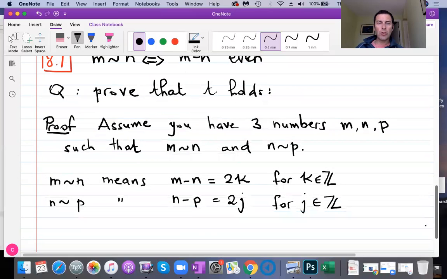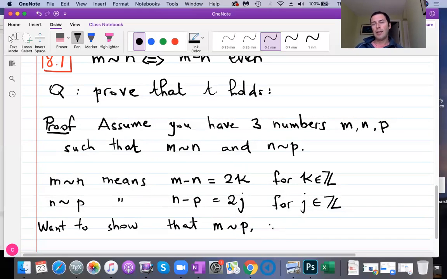And now what we want to show is that M is equivalent to P, i.e., we want to show that M minus P is even.